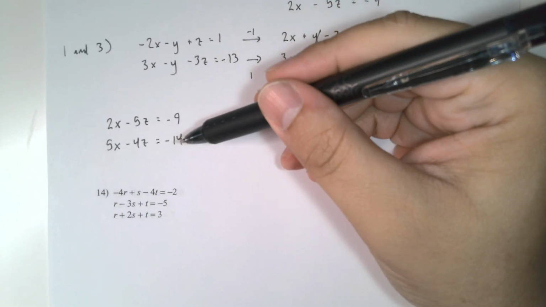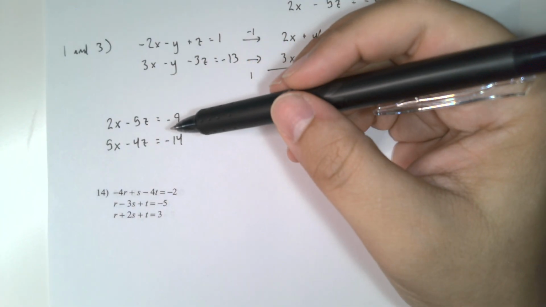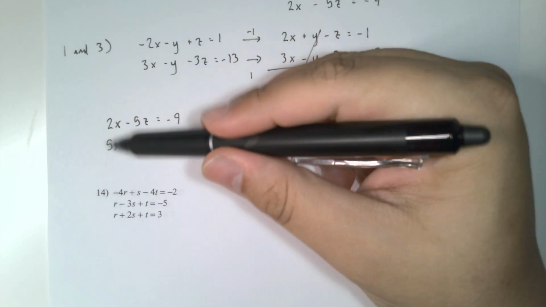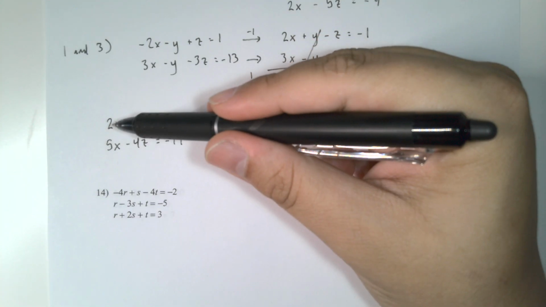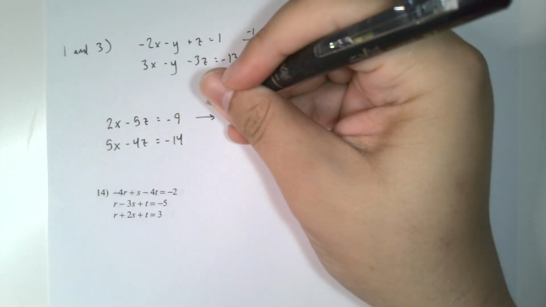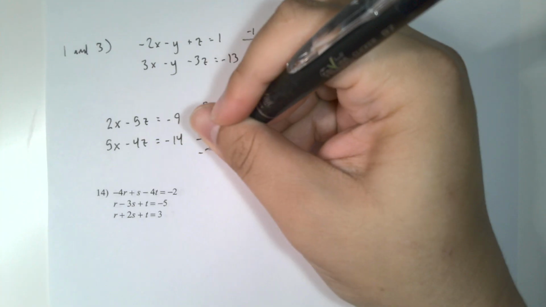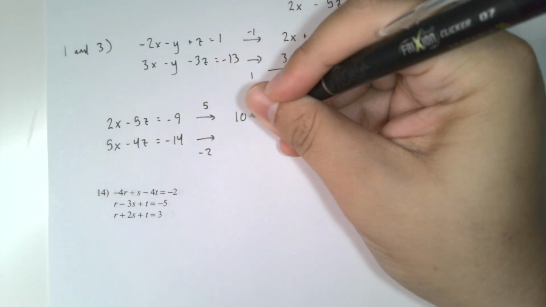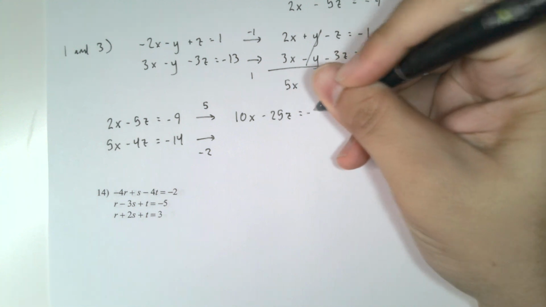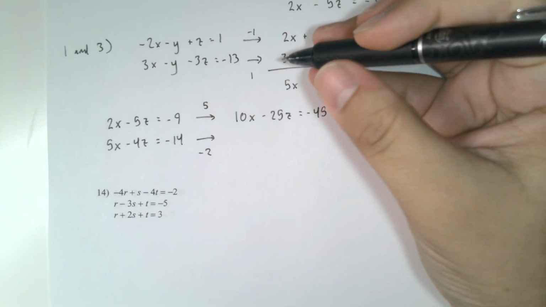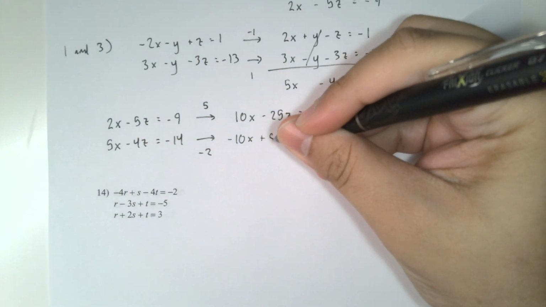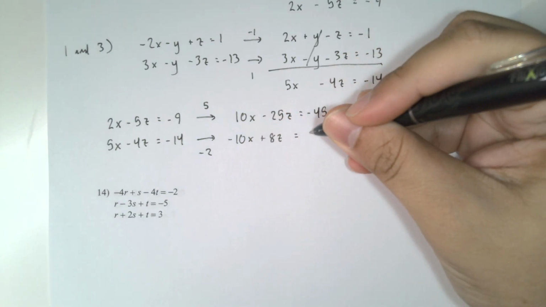The easiest variable to eliminate, so that we don't multiply by bigger numbers than we need to, would probably be x, because we can multiply the top one by 5 and the bottom one by -2. So we get 10x minus 25z is equal to -45. For the bottom one, we'll get -10x plus 8z is equal to 28.